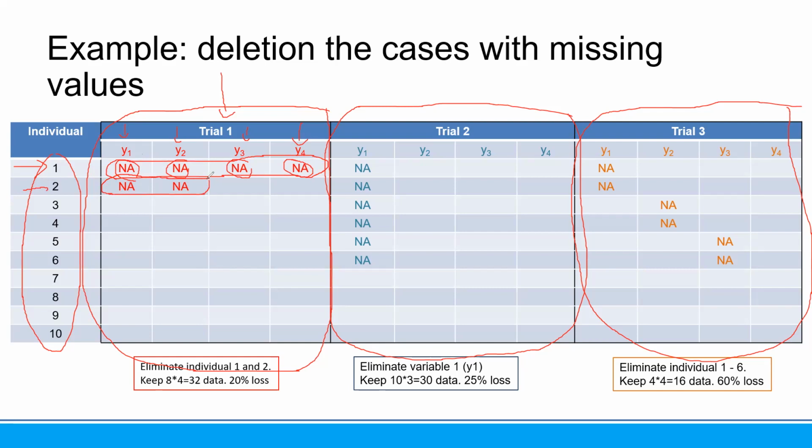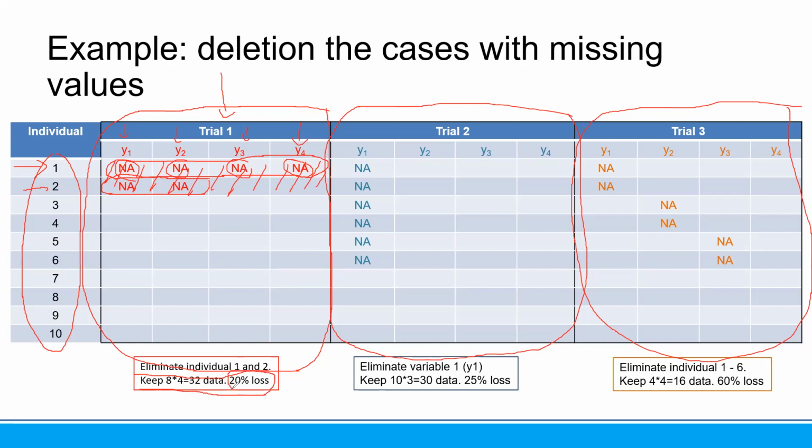Then if we ignore the tuple, what happens? We can ignore this tuple. If we ignore this tuple, it means we eliminate individuals 1 and 2.